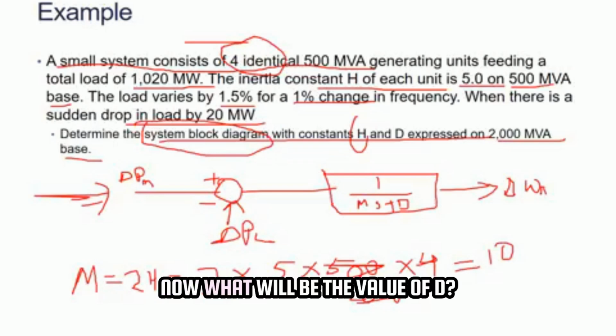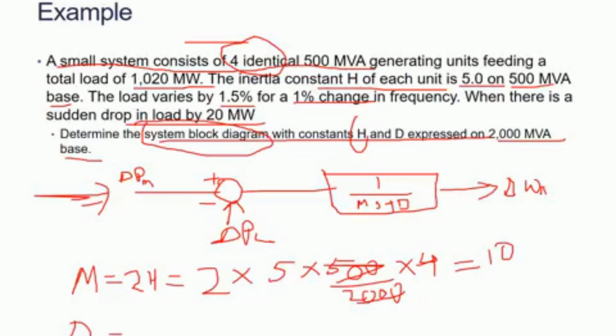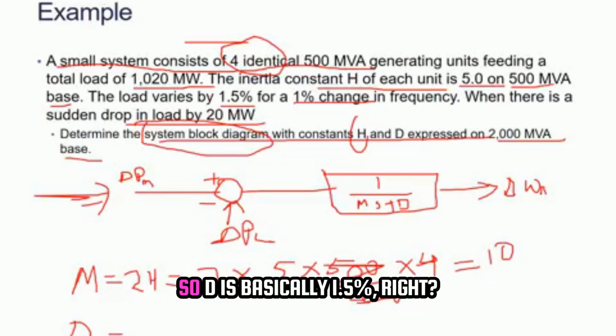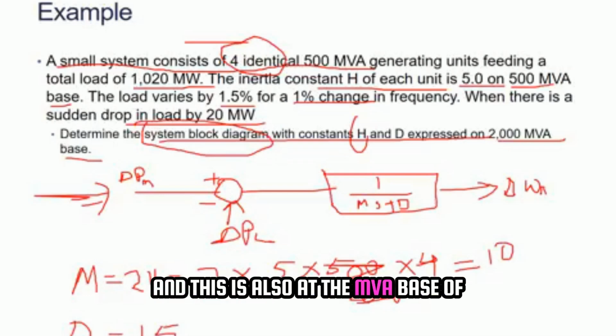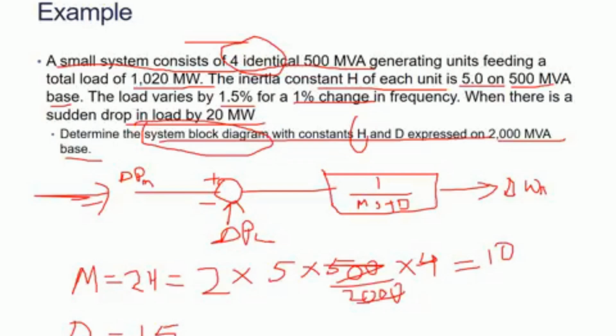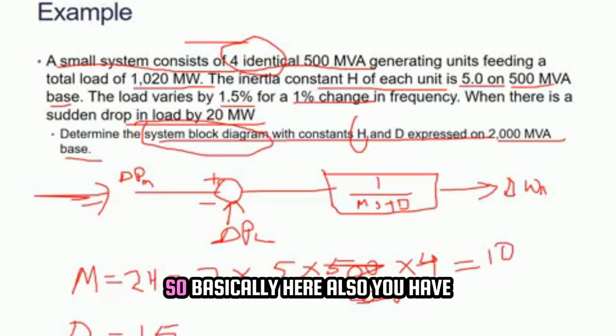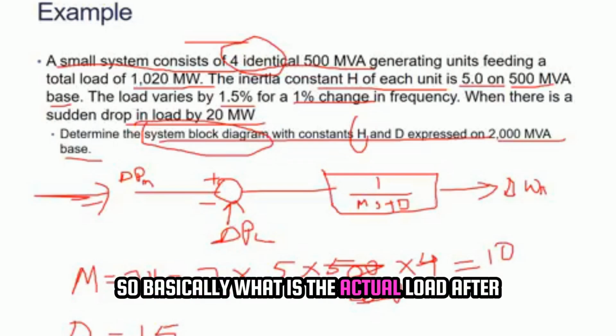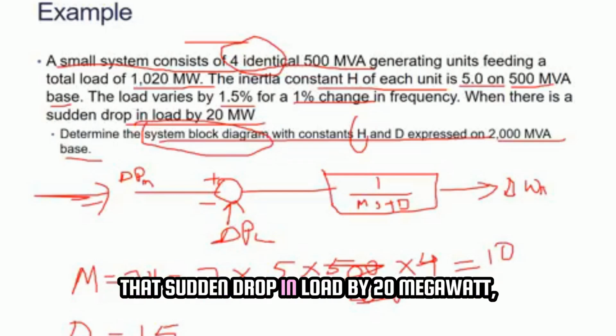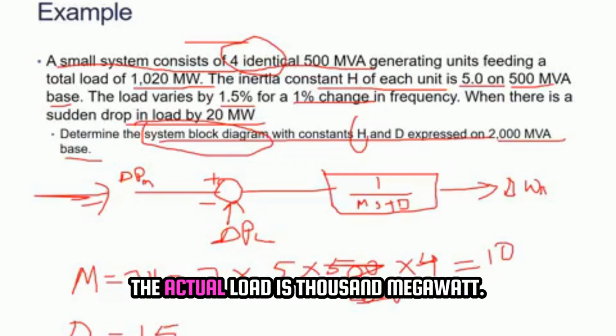Now what will be the value of D? D is basically 1.5%, and this is also at the 500 MVA base, so here also you have to convert it to 2000 MVA base. What is the actual load after that sudden drop in load by 20 megawatt? The actual load is 1000 megawatt.